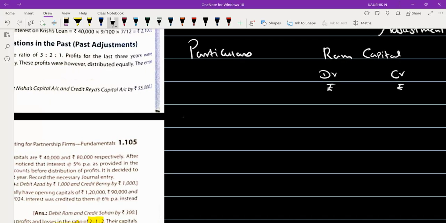So you record here first: interest on capital wrongly credited at the rate of 9 percentage per annum, now reversed.